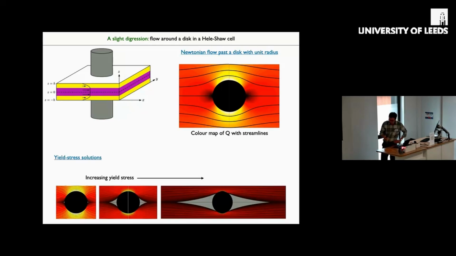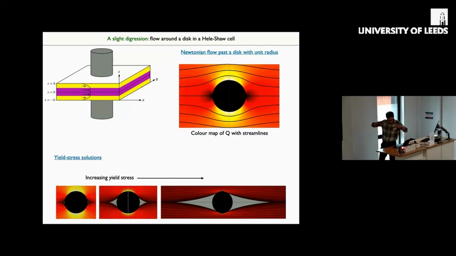If you start putting a yield stress in, you get things like this, where the grey region that I'm showing here is a region where the purple bit has filled the channel, so the stuff is not moving. It's like a stagnant, clogged region, if you like. Essentially, there's a stagnation point at the front and back of this disc as the fluid comes in, hits the disc, and goes around it.